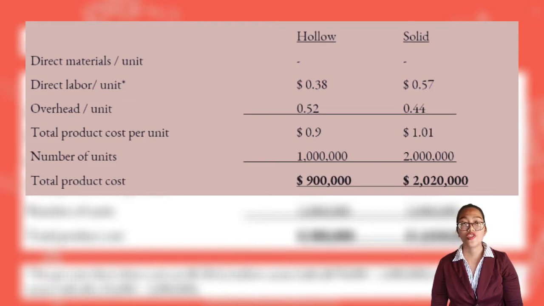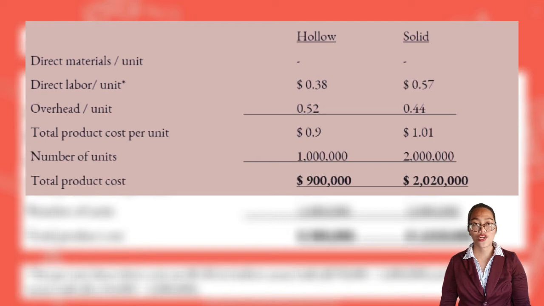The number of units produced in hollow and solid center balls was already given in the problem. In hollow, $0.9 times 1 million equals $900,000. In solid, $1.01 times 2 million, we got $2,020,000 as the total product cost.